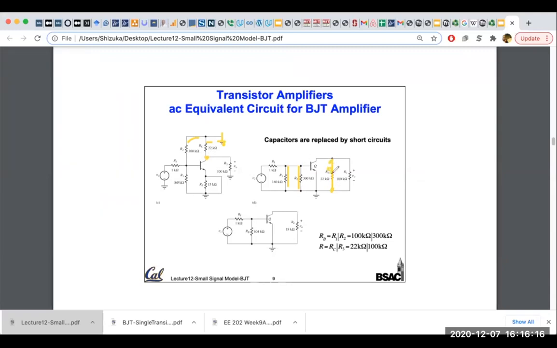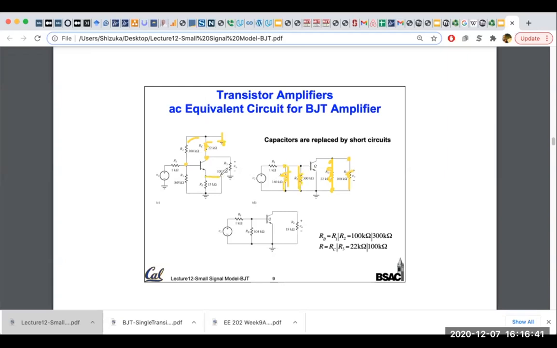It's not shorted, but basically this RC is connected between this node and the ground. So then R3, again, from this node, is connected to the ground. These resistances R1, R2 from this node, they are connected to the ground. Okay, so now this is your small signal model.